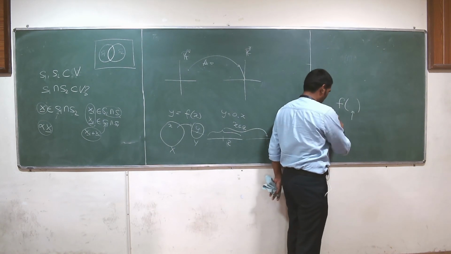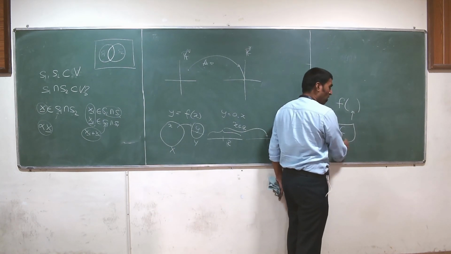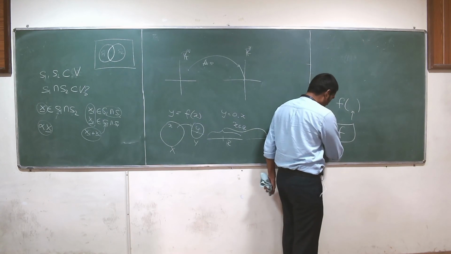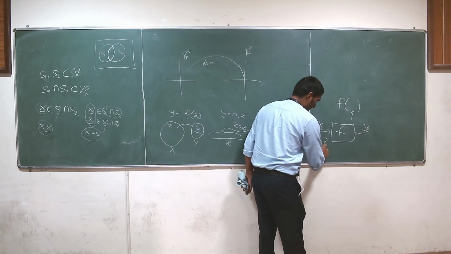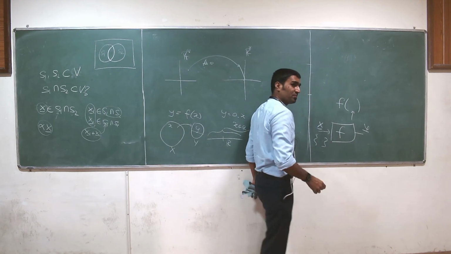If this box represents the linear transformation, what goes in is an individual vector and what comes out is an individual vector. This does not take in sets.